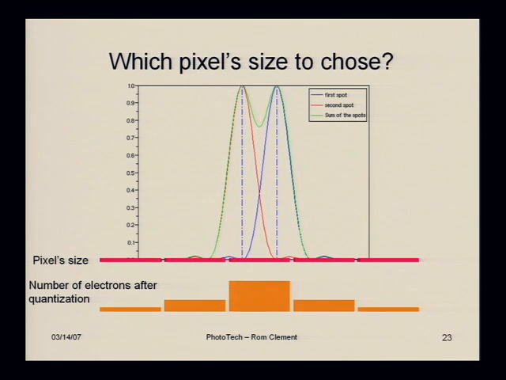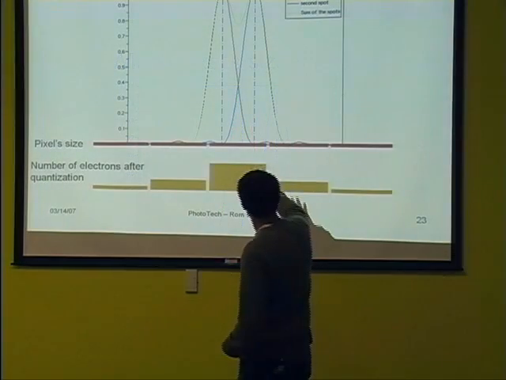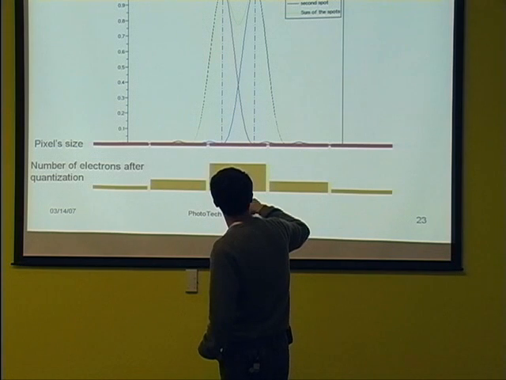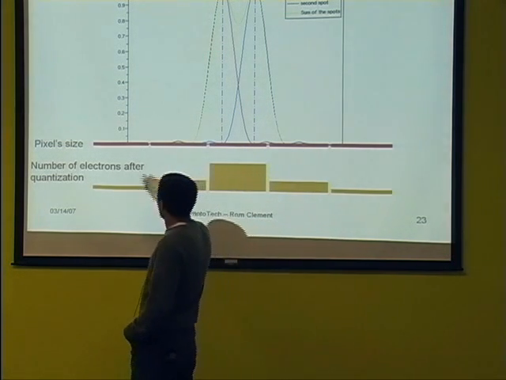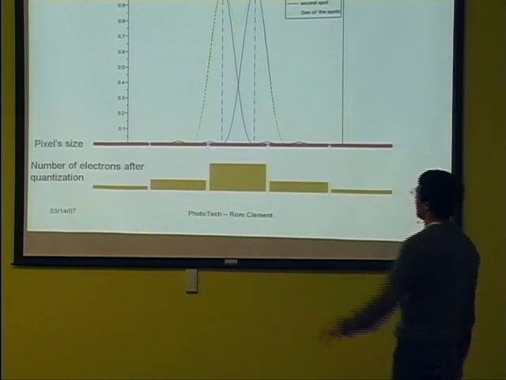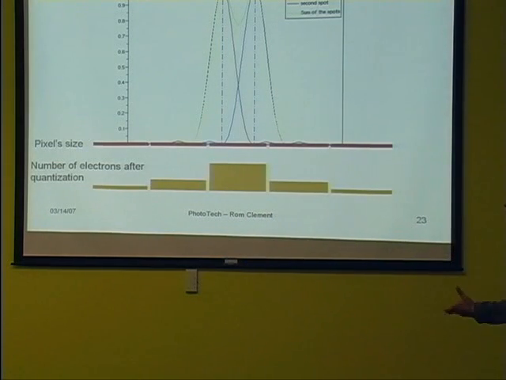If I now take smaller pixels, the one in the middle will collect a certain proportion of the two, and unfortunately I will have a larger peak, but again, it's going to be one peak.